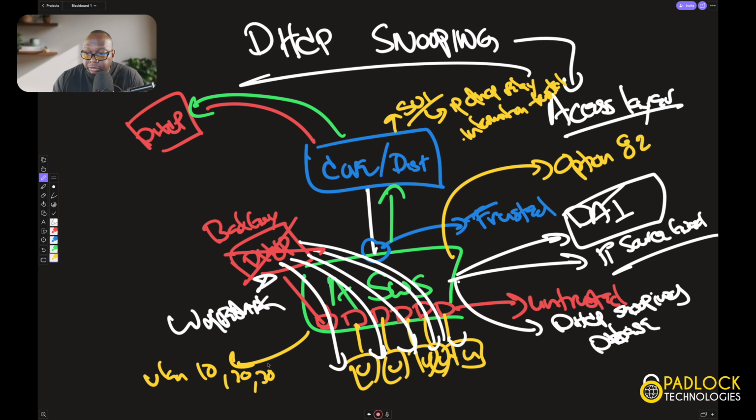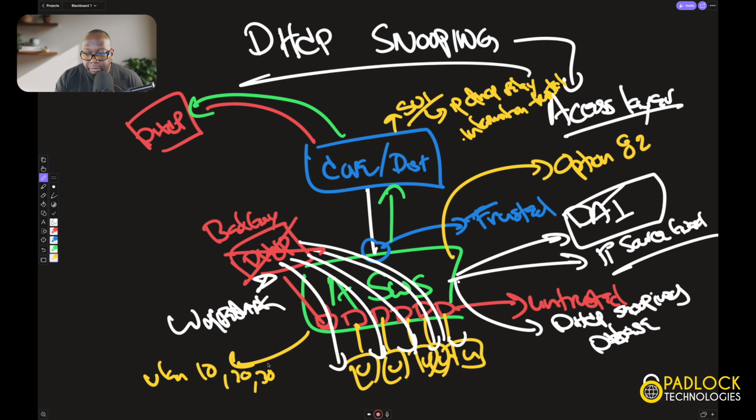If you don't have DHCP enabled on the SVI, you kind of don't need it, but most designs I see have DHCP for all their VLANs, other than static ones where they don't want to do DHCP. In that case, you would just prune that VLAN off of the DHCP snooping configuration.